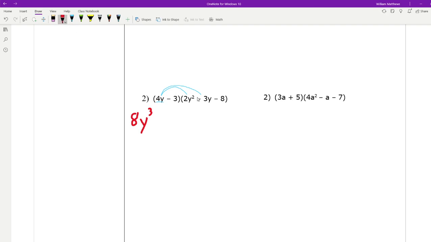Multiplying our first term with the second term gives us a negative 12y squared. And then the last term, we have the 4y times negative 8, which gives us our negative 32y.